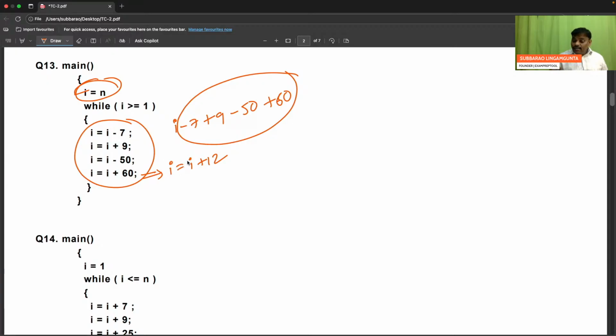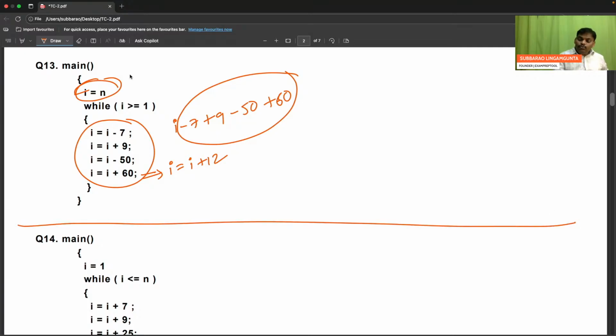But understand one interesting thing. Everyone try to understand. Question number 13 is going to be a very, very important problem. See, already you started with a big number, but overall, if you observe, every round you are incrementing by 12.